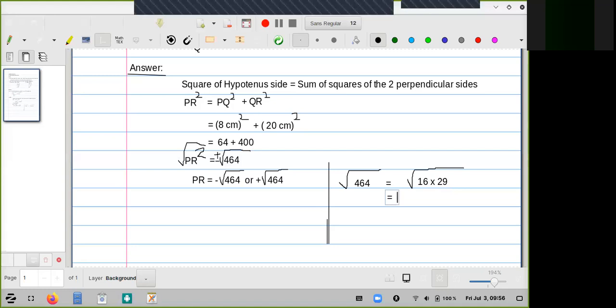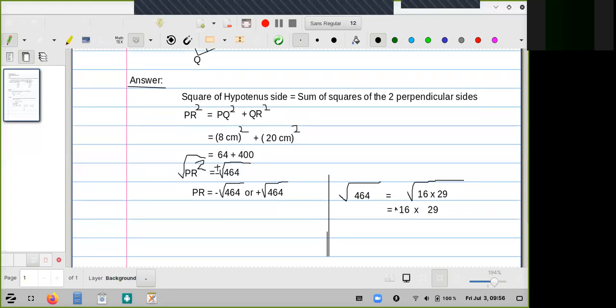So we can distribute the square root sign, which means it becomes the square root of 16 multiplied by the square root of 29.